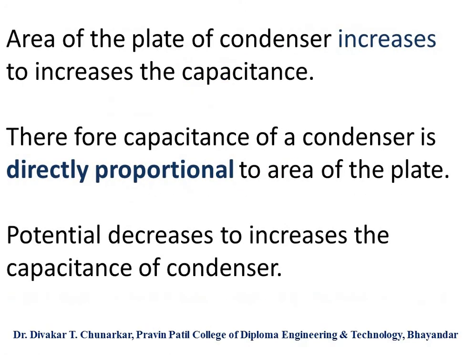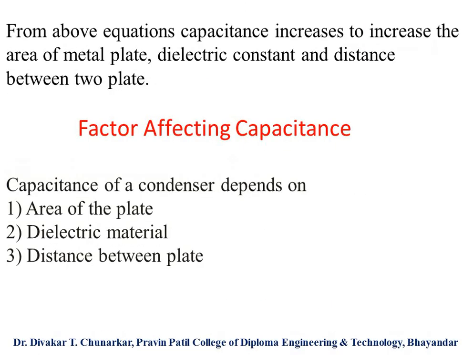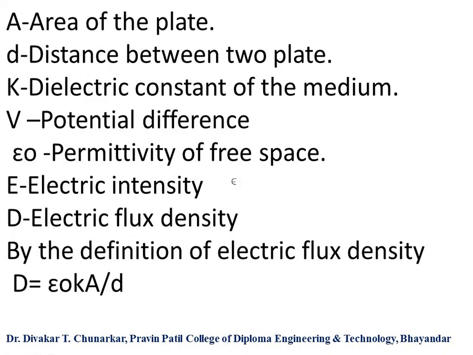So, students, this is the parallel plate condenser equation. C equal to epsilon 0 KA upon d. Keep in your mind, C equal to epsilon 0 KA upon d. This equation is the only important one. This equation is used to solve numerical problems.